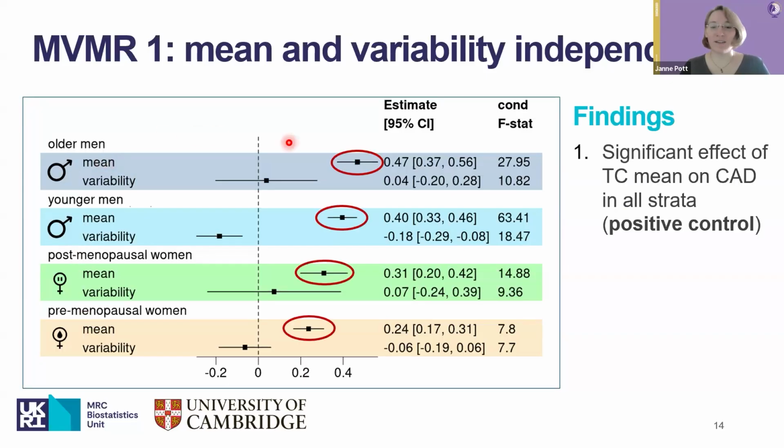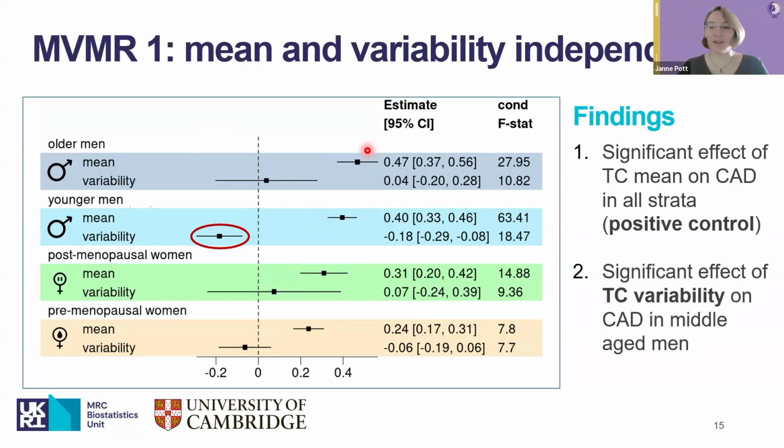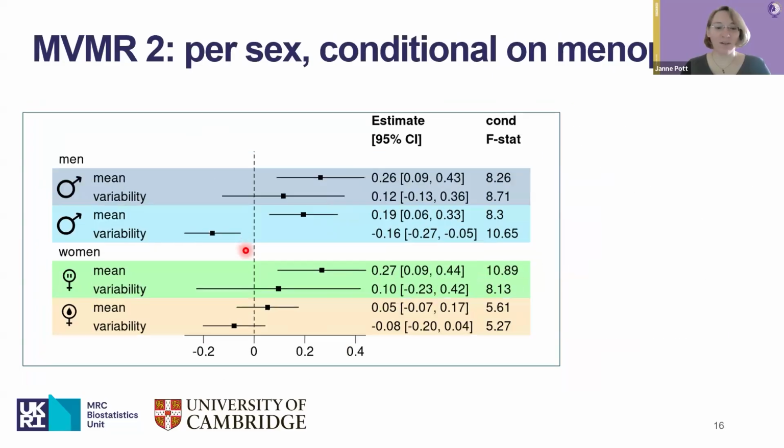And as you can see, we always find a significant effect of the mean, which is kind of good because this is our positive control, right? This is nothing new. We know that cholesterol should affect coronary artery disease, and indeed we can find this. But we also have a second finding, which is a significant effect of the variability, but only in younger men. And I will discuss this in a moment.